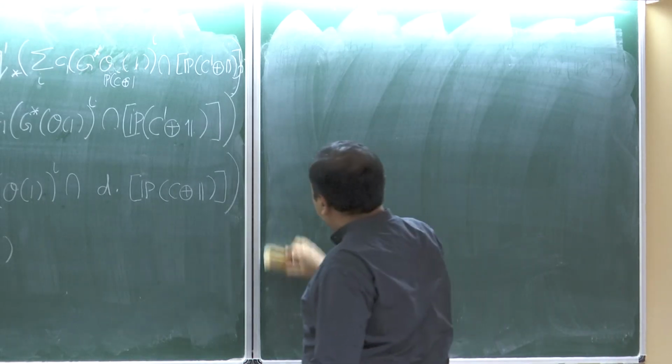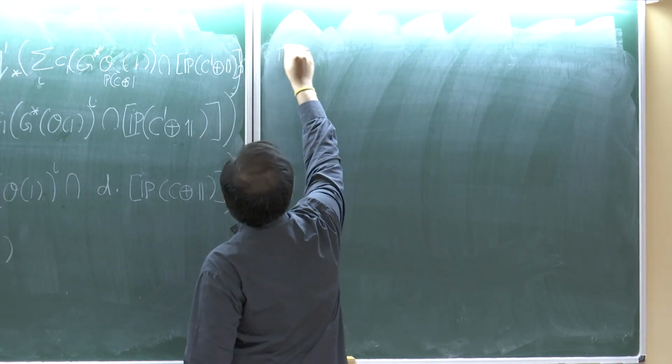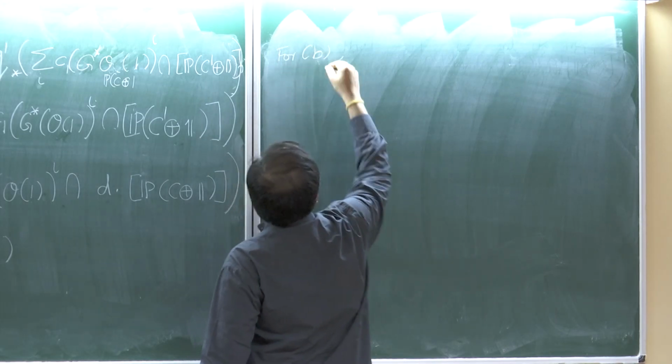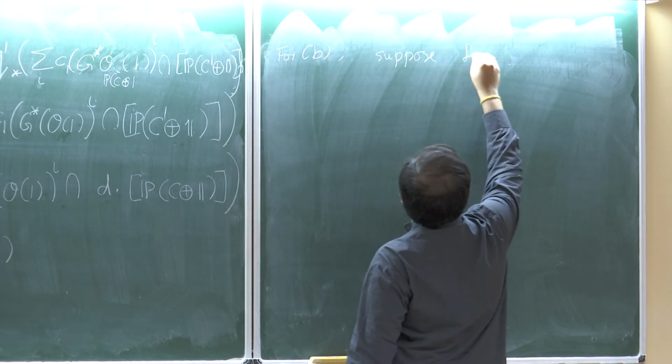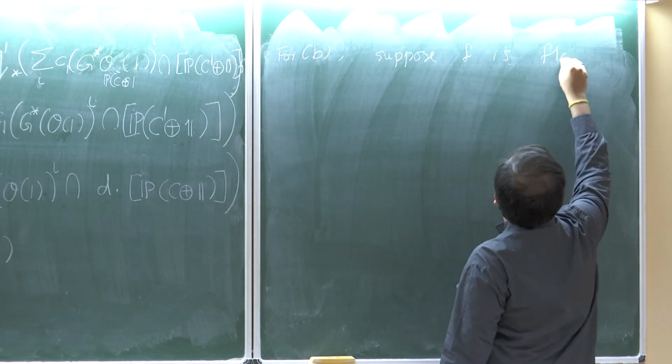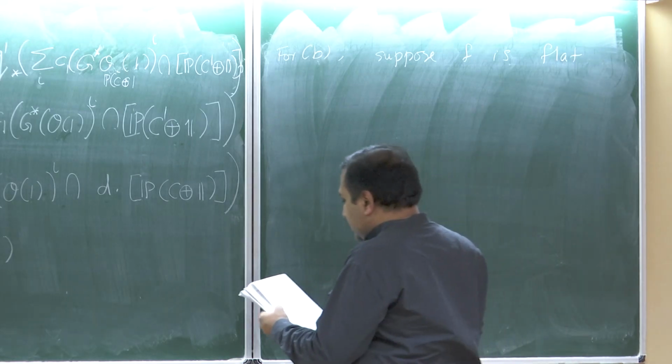Okay, and now let us look at the proof of B. Suppose f is flat. Then this is much simpler.